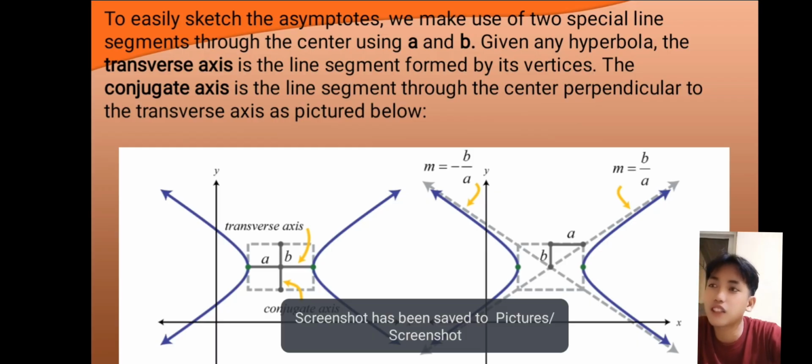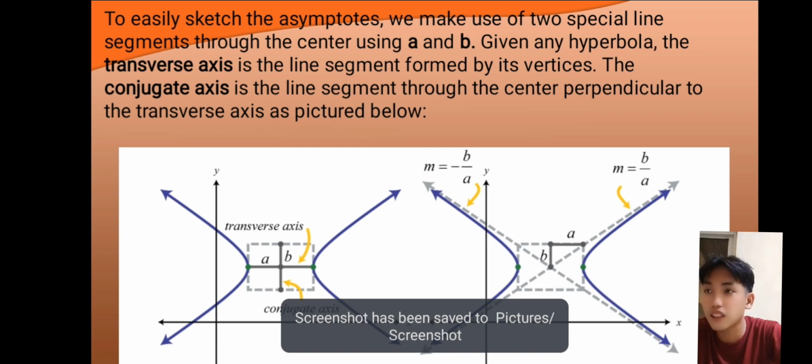To easily sketch the asymptotes, we make use of two special line segments through the center using a and b. Take a look at this graph. A and b are our guide at the center. The transverse axis is the line segment formed by its vertices. So here, the line connecting the vertices of the branches is what we call the transverse axis.